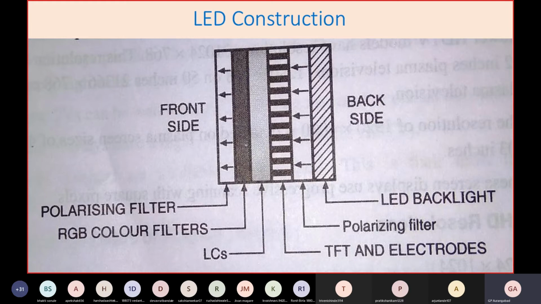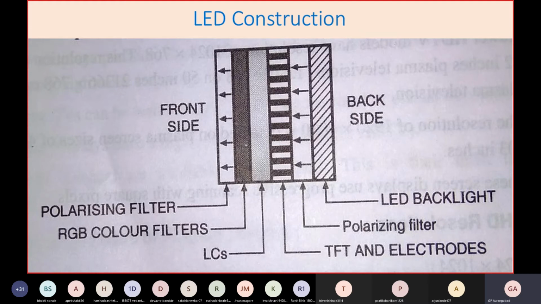We use CFL tubes or CFL bulbs, and that light is used in LCD displays. Instead of this, if you use LED as a light source, that is a very bright light source. The rest of the operation is the same.